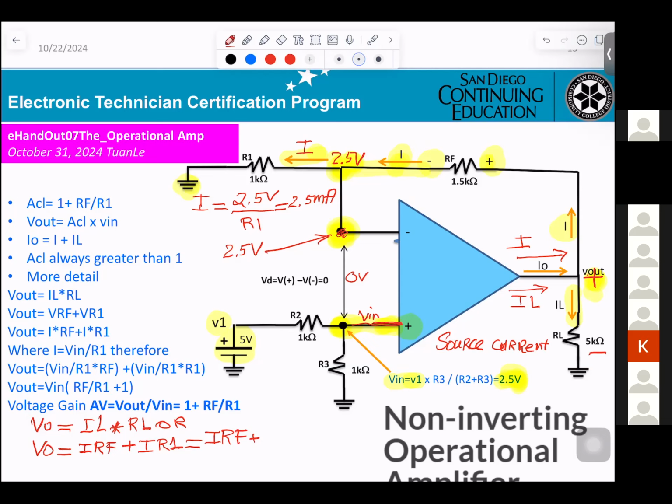That means plus V in, correct? The thing is V in, that means the voltage right here. That's the V in here.